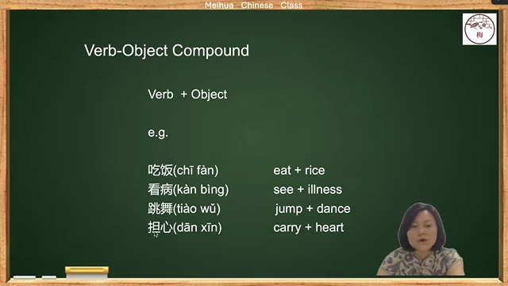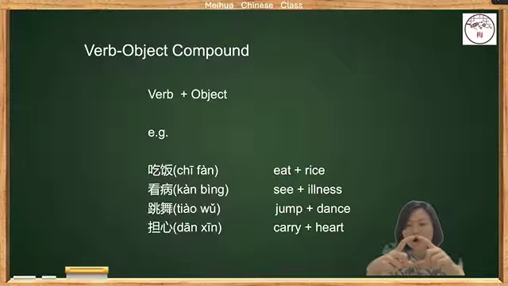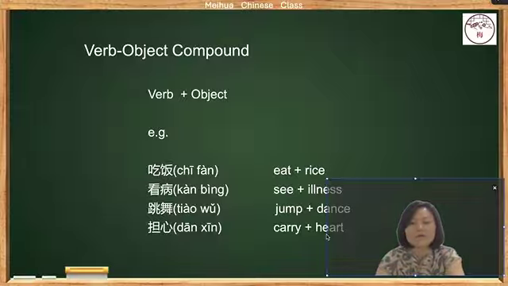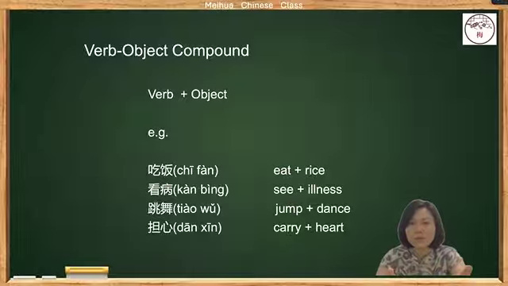The fourth one, 担心. 担 means undertake, to hold something, to carry something. 心 is heart, our heart. So carry heart means your heart is always held on, right? Your heart cannot relax.